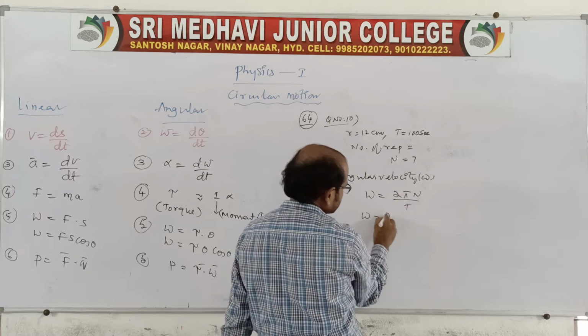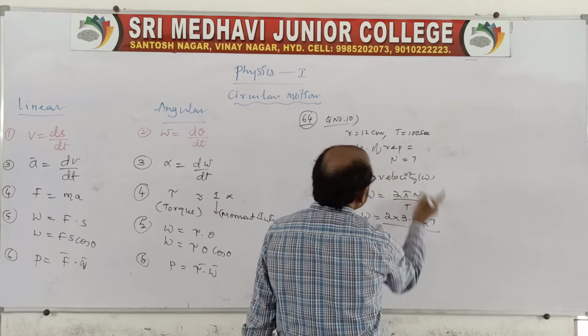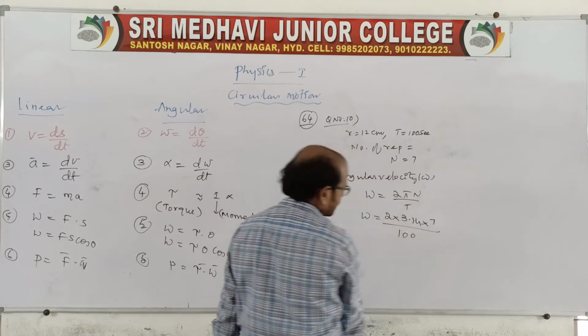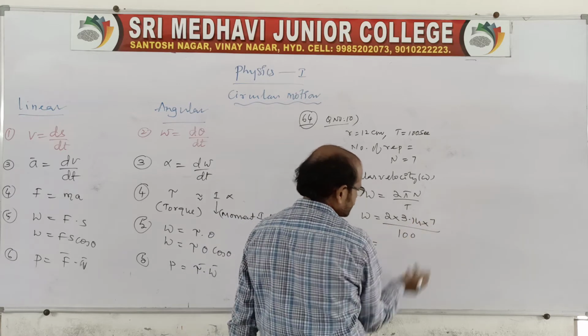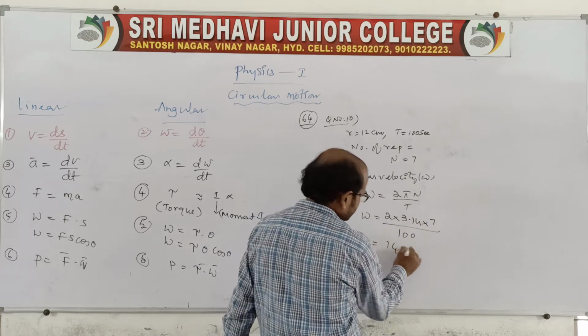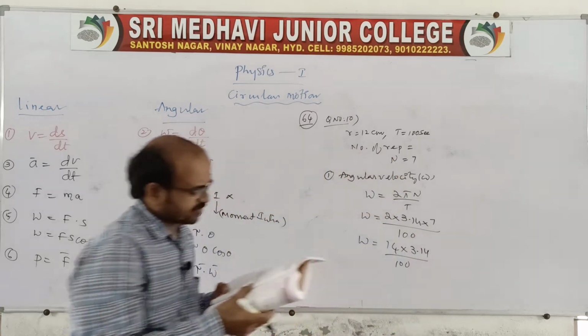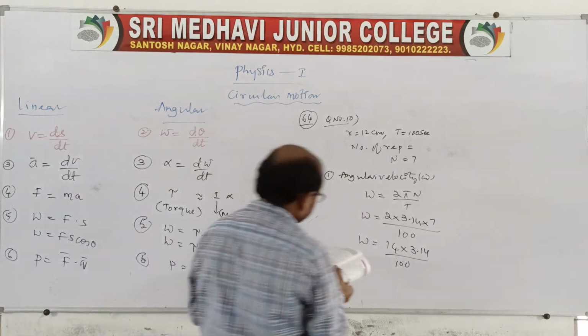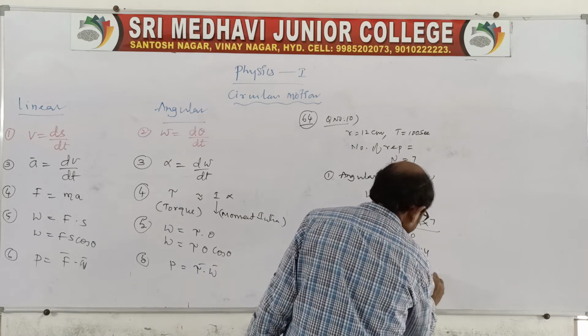So you make it 2 into 3.14 into number of rotations 7 by time period 100, right? So omega will be 7 into 2, that is 14, so 14 into 3.14 divided by 100. If you simplify this, you get the rough answer: omega is equal to 0.44 radians per second.